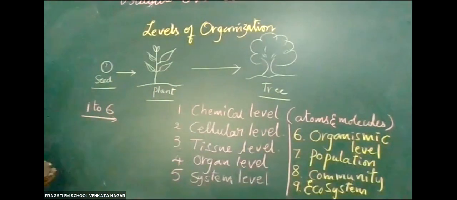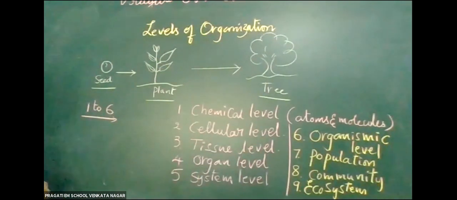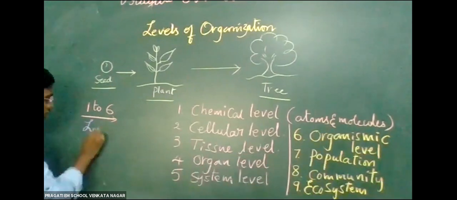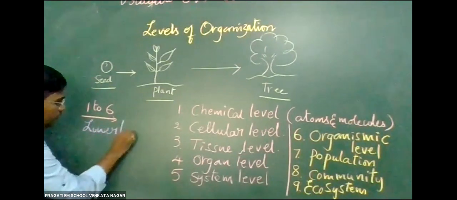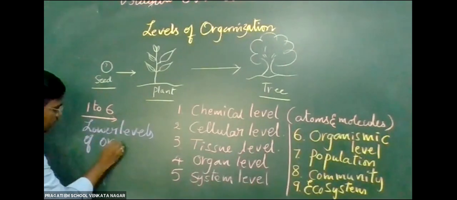These 1 to 6 levels of organization are called lower levels of organization.